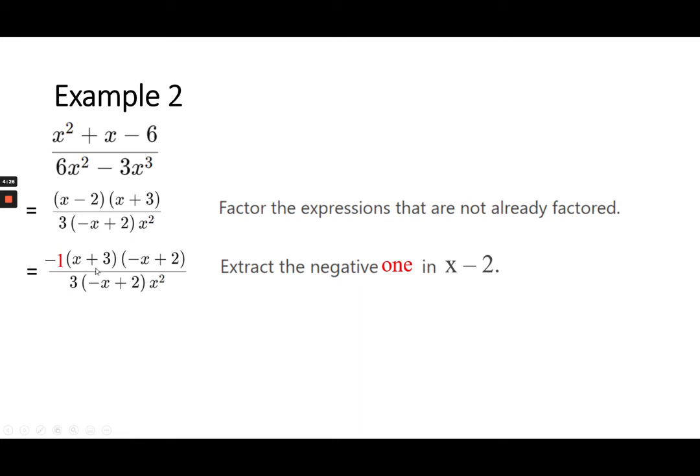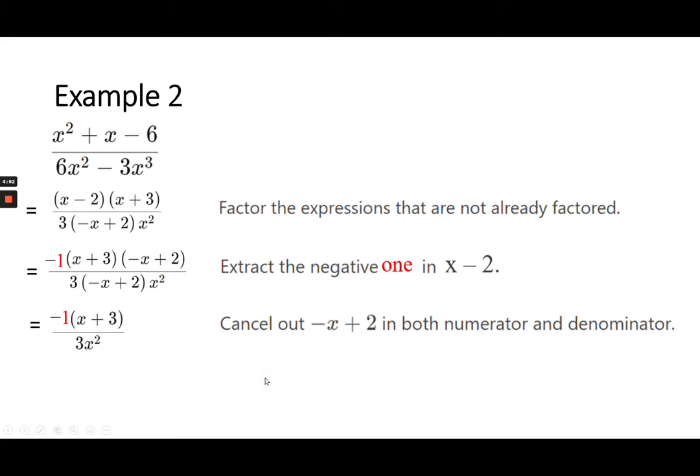And now it's switched again. If you check, negative 1 times negative x is positive x, negative 1 times 2 is negative 2. It gives you back the value. We are extracting negative 1 for the reason that we can cancel now your negative x plus 2 on both numerator and denominator.